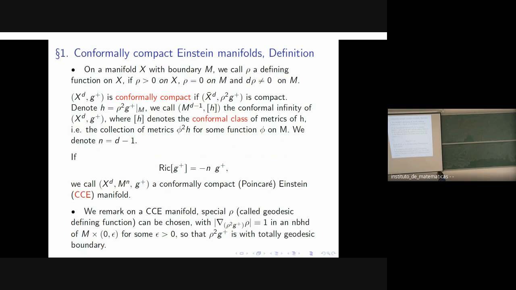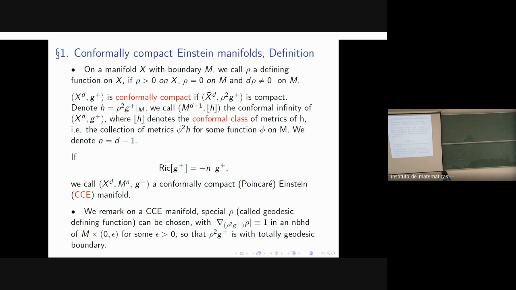And in that case, we say the boundary is the conformal infinity. It's not a boundary, it's conformal infinity. And we wonder if there exists such a G plus, the Poincare-Einstein metric. I normalize so that its Ricci is minus n G.